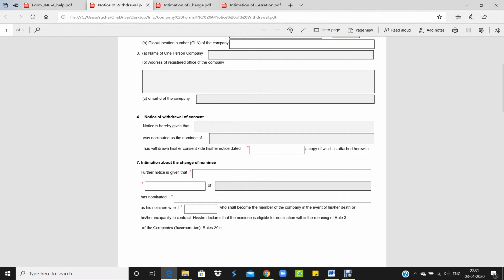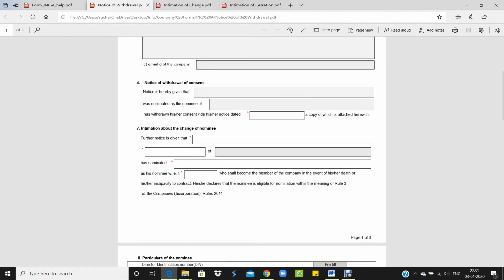Along with that, if the previous nominee has been removed, or if he has given resignation, then the subscriber has to appoint a new nominee. He has to notify the company that he is appointing one more nominee. This further notice is given by the member to the company.